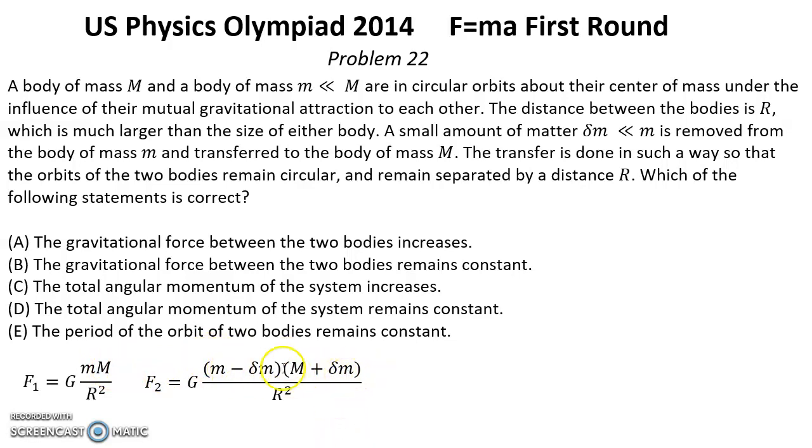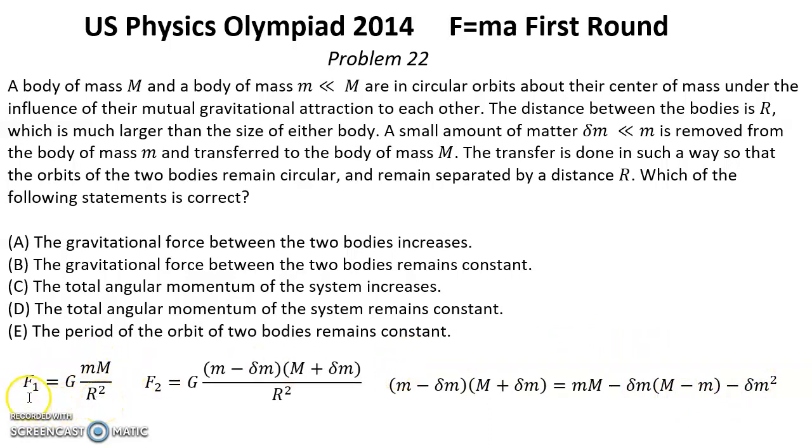So let's count what this expression on the top is. If we check this expression, we see that we have m multiplied by big M. That's the same as in the previous force, but after that we have all negatives, because big M is greater than small m, so we have this expression, which is finally less than this expression.